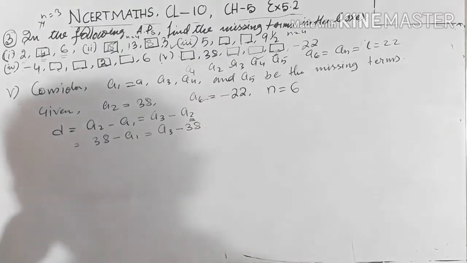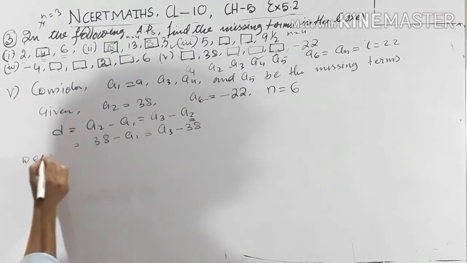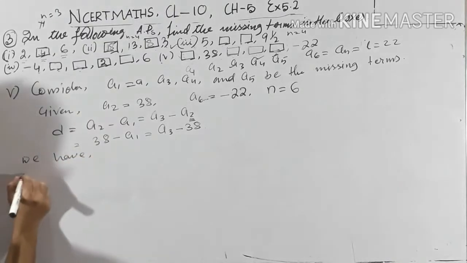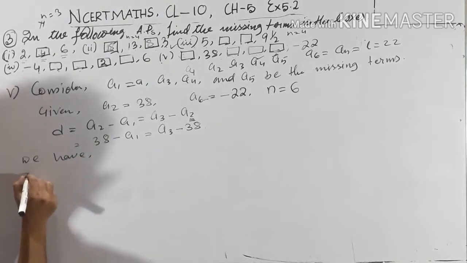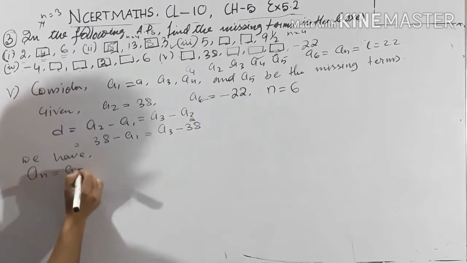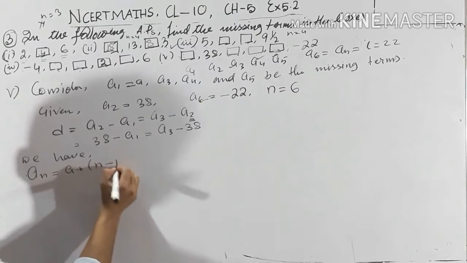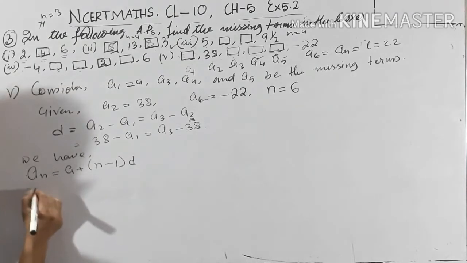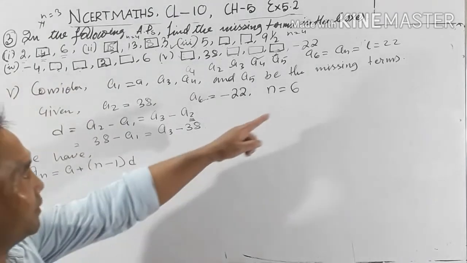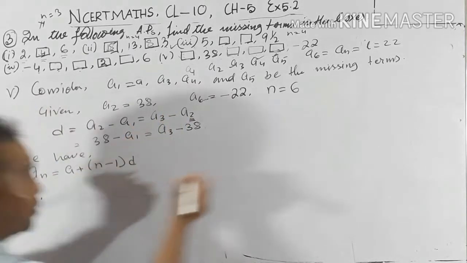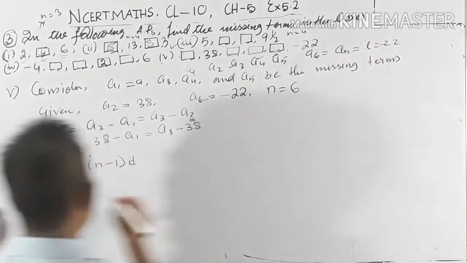Now, we have the nth term formula: an equals a plus n minus 1 times d, right? Therefore, this an is A6, and A6 equals minus 22.